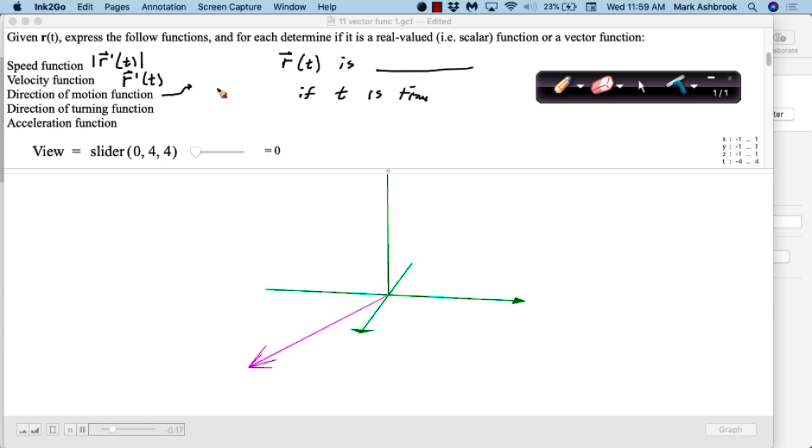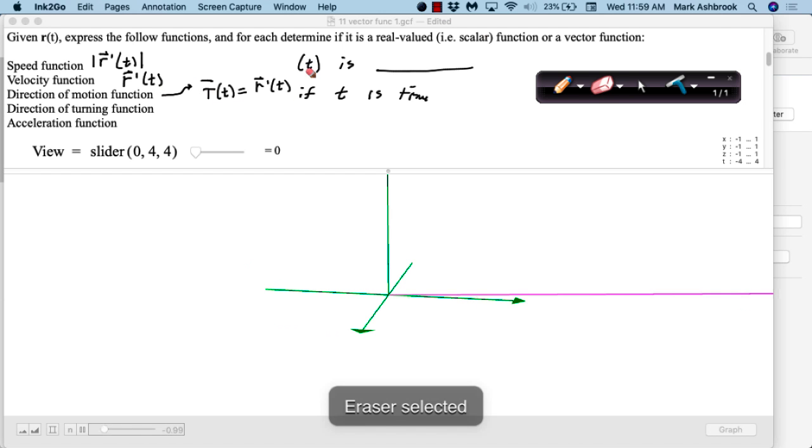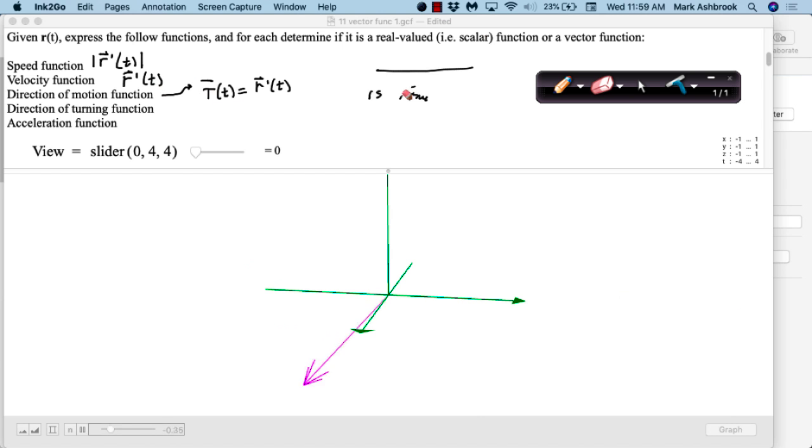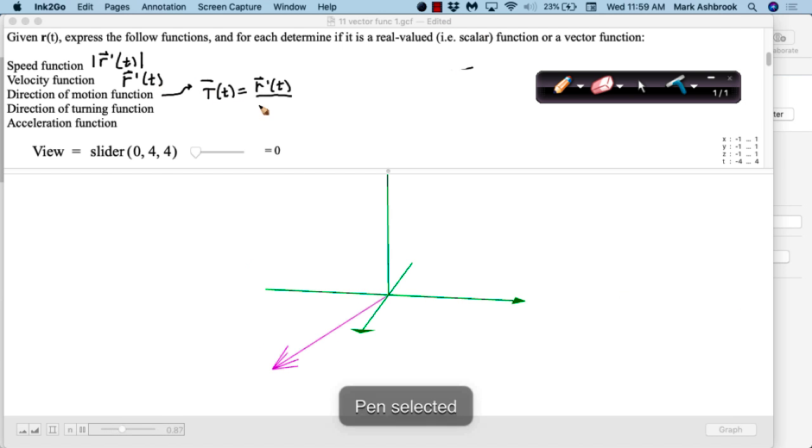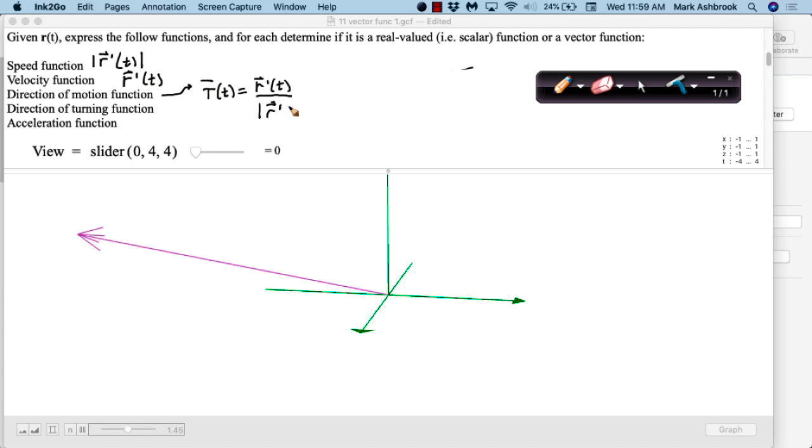Yeah. Yep, the unit tangent vector just gives us direction. And where does that come from? r prime of t over the magnitude. Yep. So you take the derivative and you unitize it. Okay?